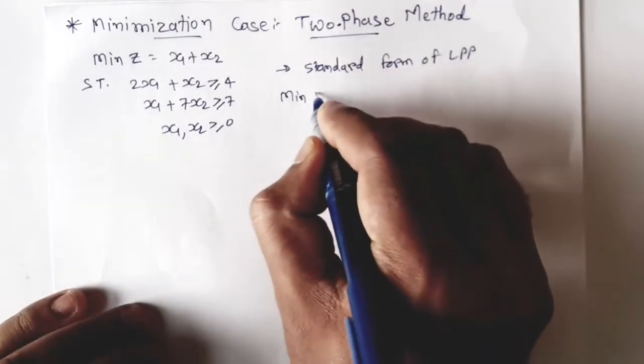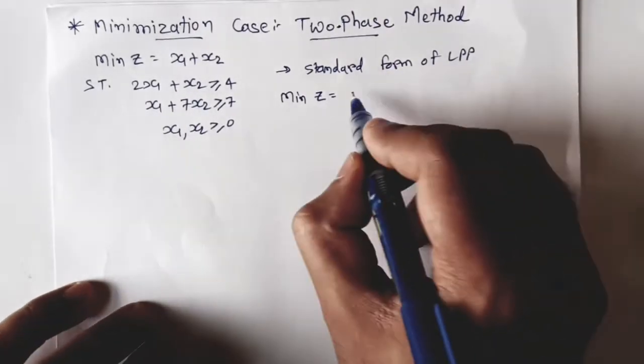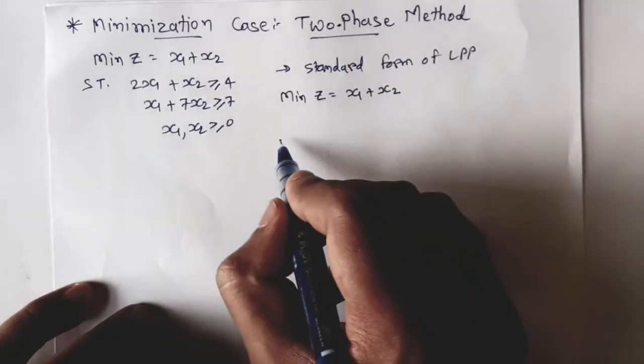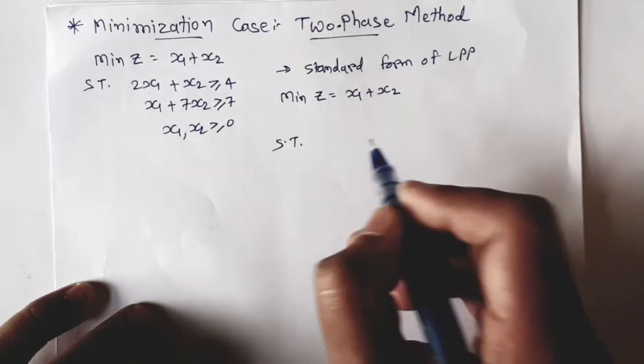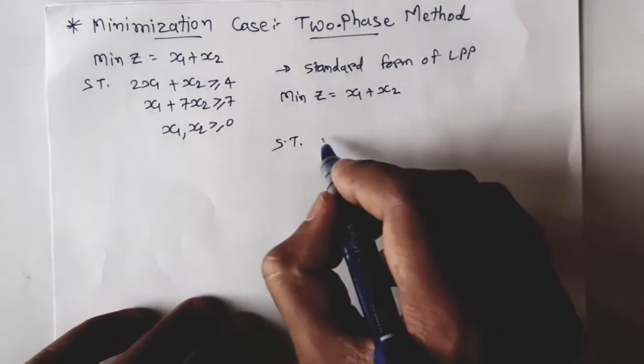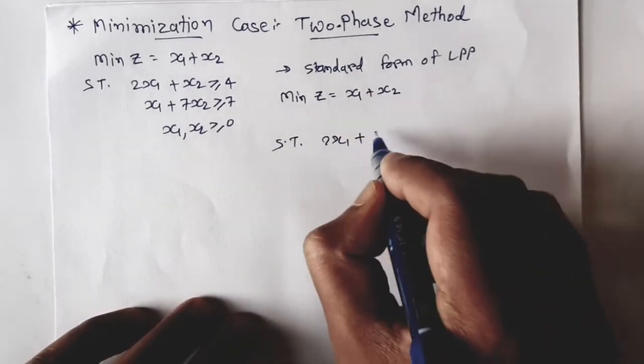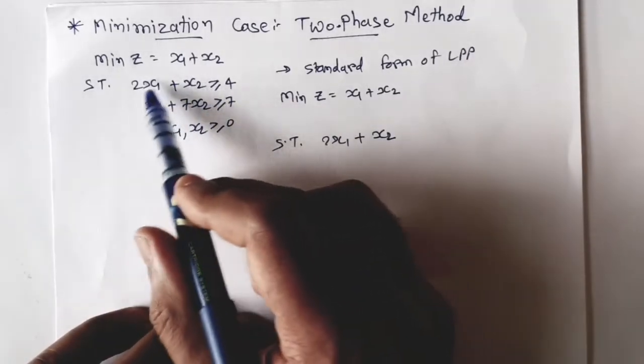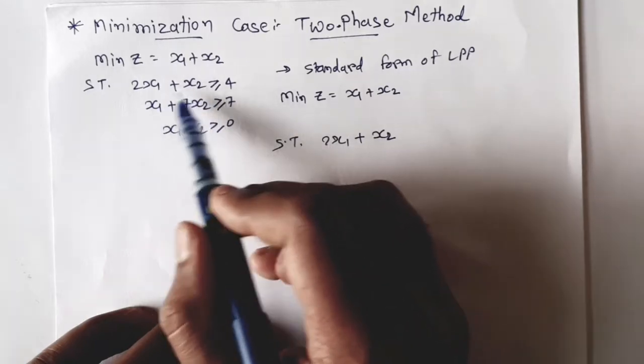Say minimization Z equal to x1 plus x2, we will keep it as it is, then subject to constraints. The first constraint is 2x1 plus x2, and here it has a greater than or equal to sign, so the left hand side has some larger value.